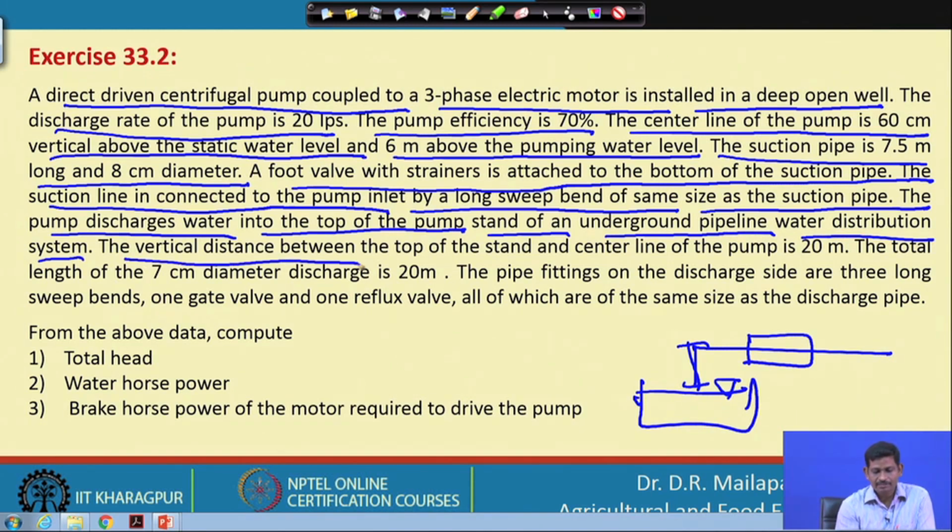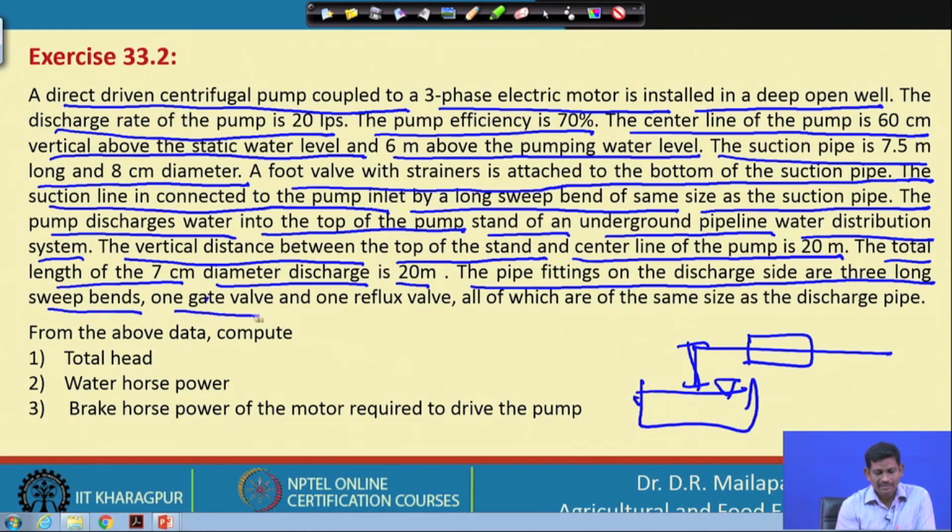The vertical distance between the top of the stand and the center line of the pump is 20 meter. The total length of the 7 centimeter diameter discharge pipe is 20 meter. The pipe fittings on the discharge side are 3 long sweep bends, 1 gate valve and 1 reflux valve. All of them are the same size as the discharge pipe.